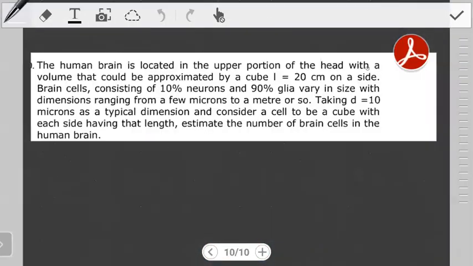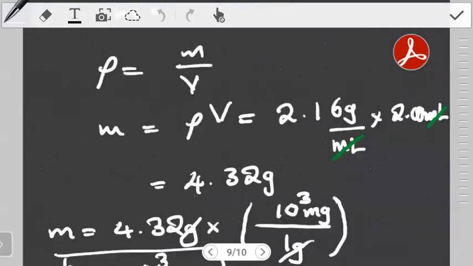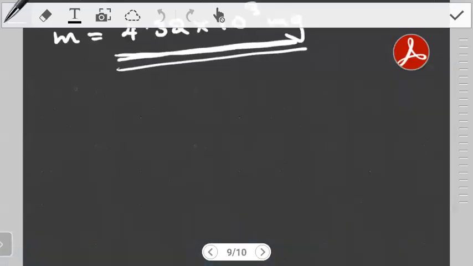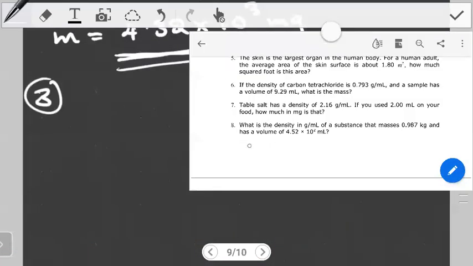For the last question, what are we saying? So that's the third one. What we're saying is, what is the density in grams per milliliter of a substance that has mass 0.987 kg and has volume, that value.